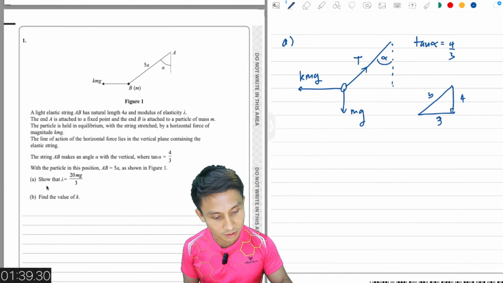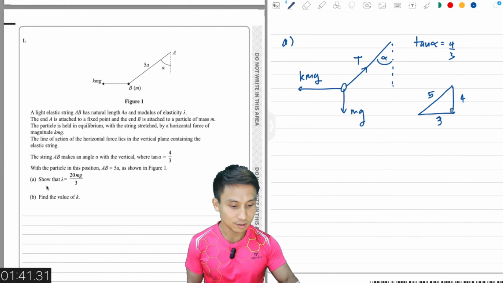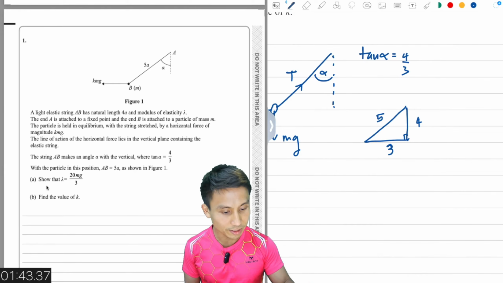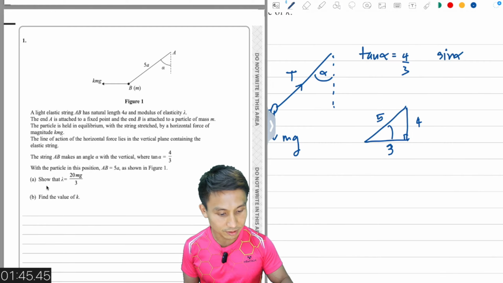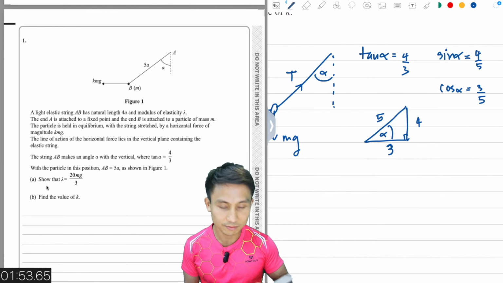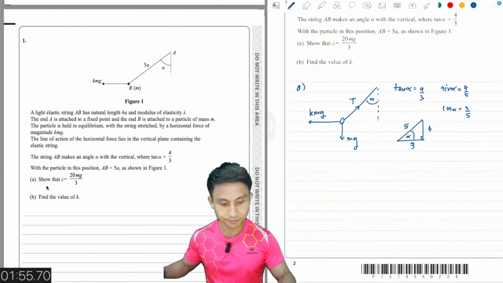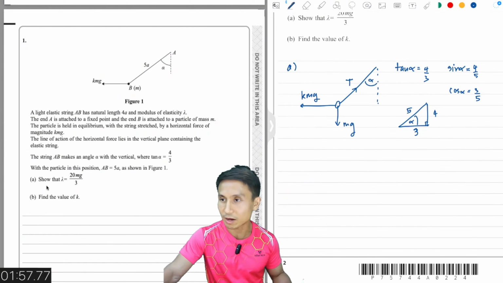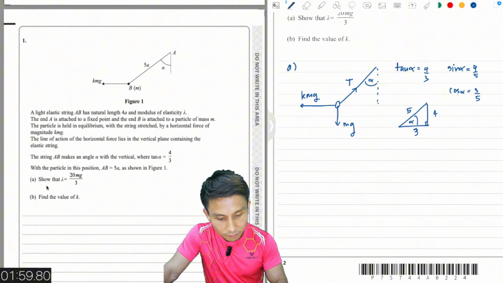Then of course this should be 5 from Pythagoras. That means, without any sweat, sine alpha should be 4/5, and cos alpha should be 3/5. Just for later use, so we don't need to solve for alpha.